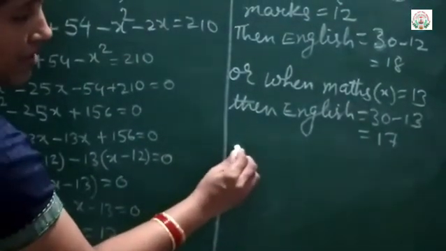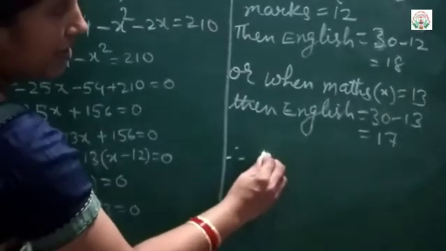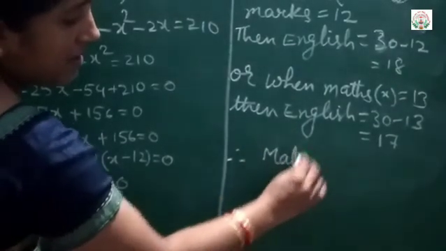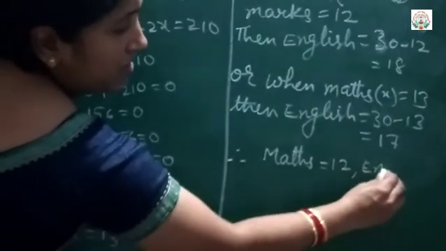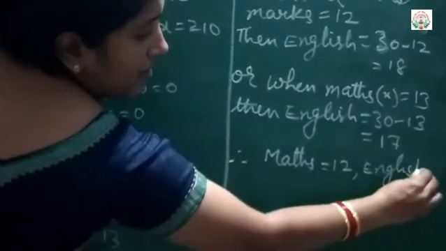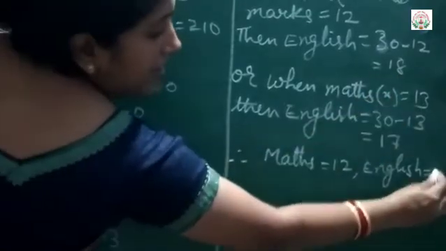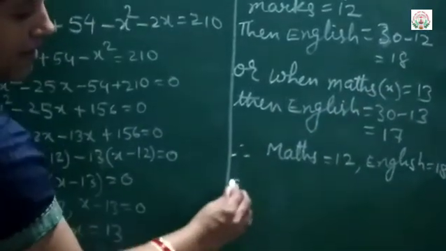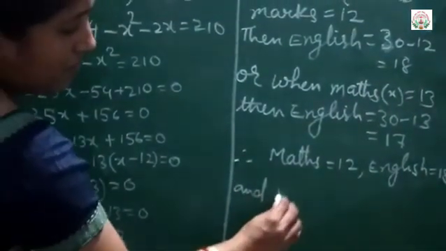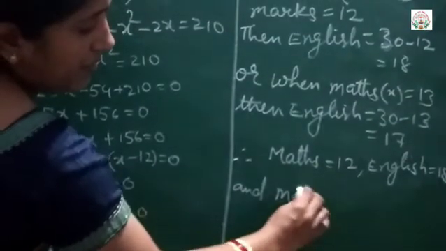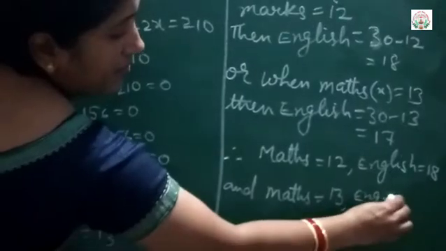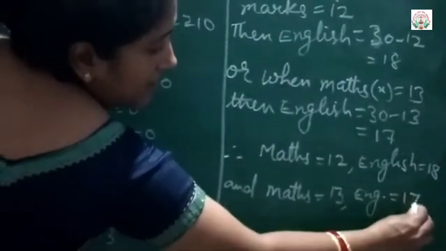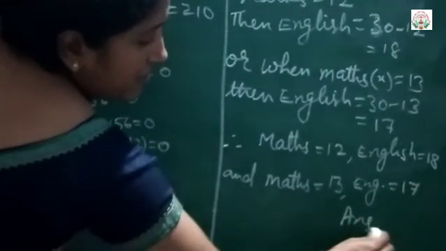Therefore, directly we can write, therefore, maths equals 12, then English is 18, and when maths equals 13, then English is 17. Answer. Okay.